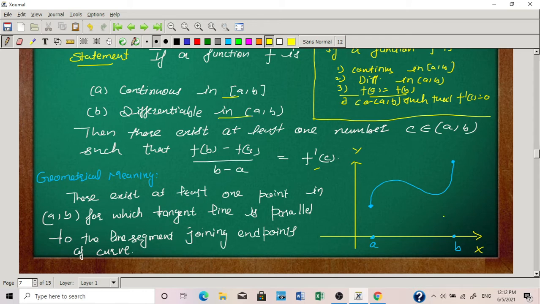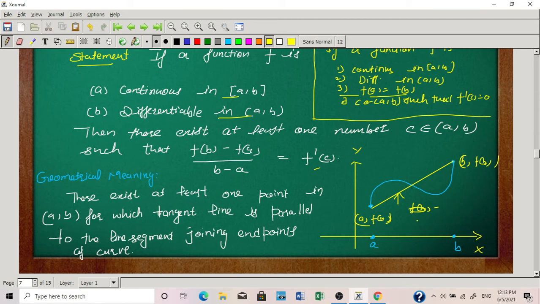Then if we join the endpoints of this curve, what is the slope of this line? This point is (a, f(a)) and this point is (b, f(b)).